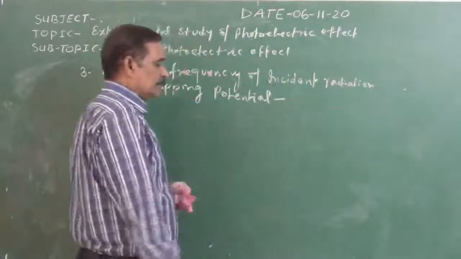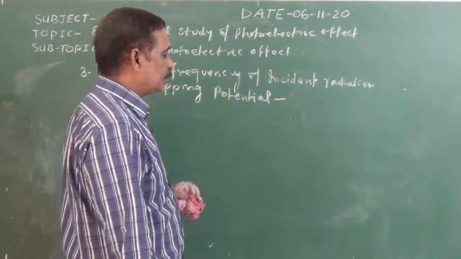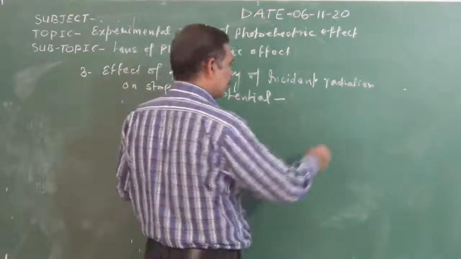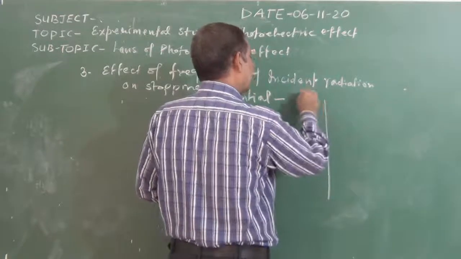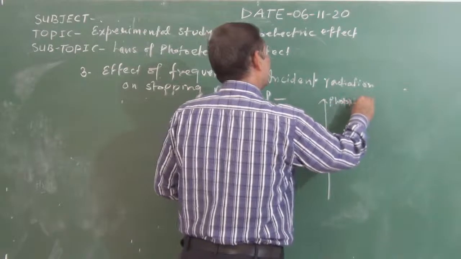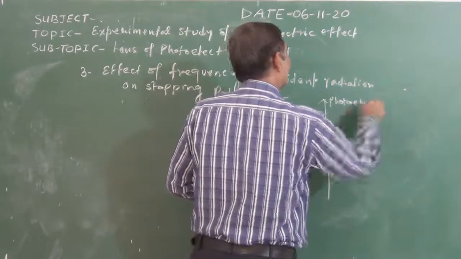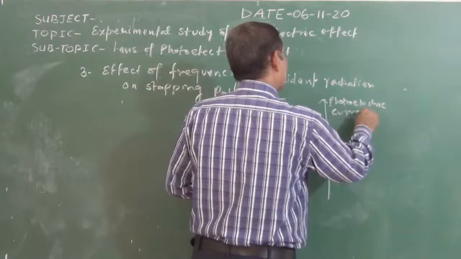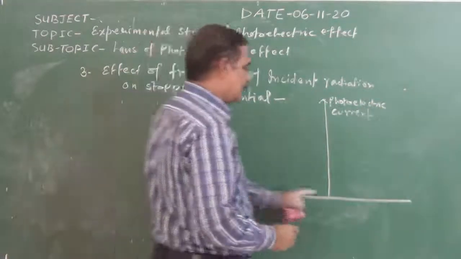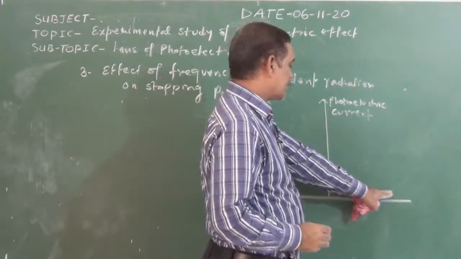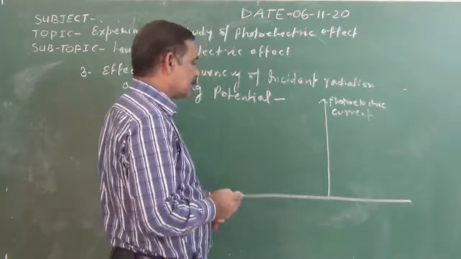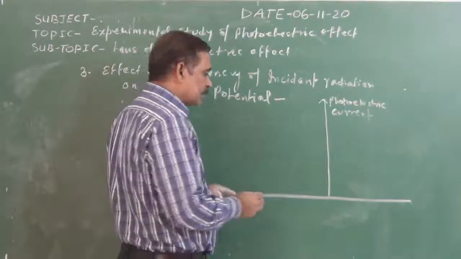So here first we plot the graph between photoelectric current and collector plate potential. This is photoelectric current, and this is collector potential. On this side this is positive collector potential and this is negative. This negative collector potential is known as retarding potential or stopping potential.